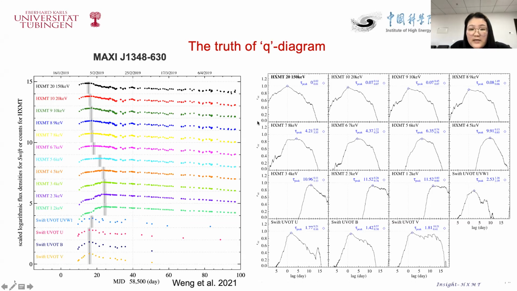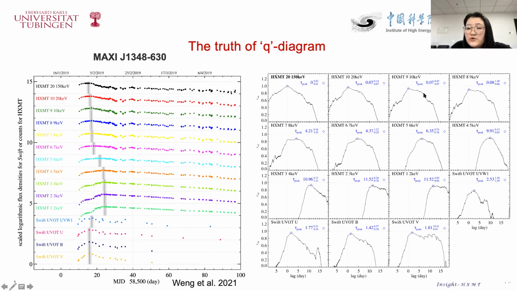They calculate the cross correlation function in the time domain of all these light curves compared to the HXMT 20 to 100 keV, the first one. You can see the time delay is about 0.